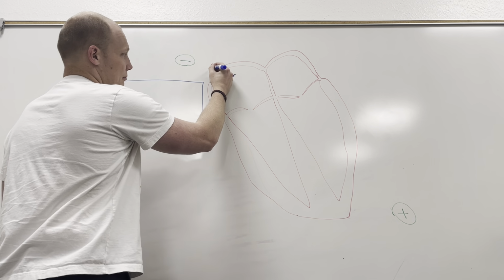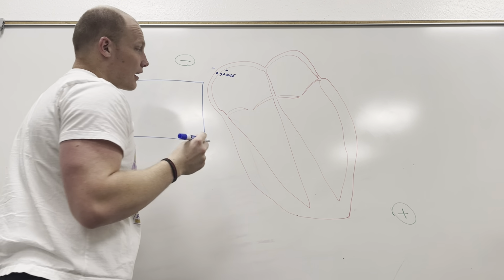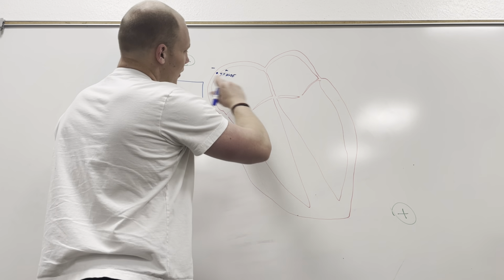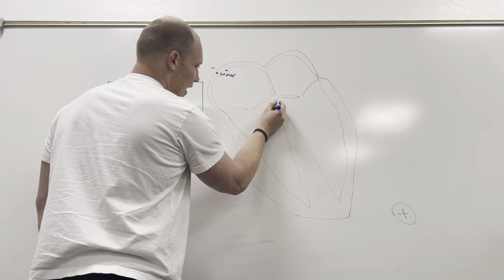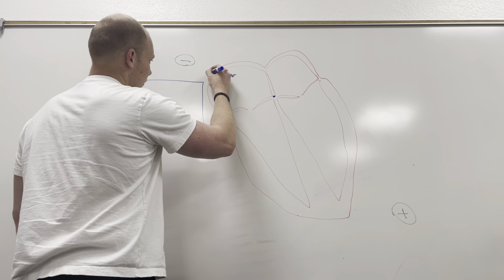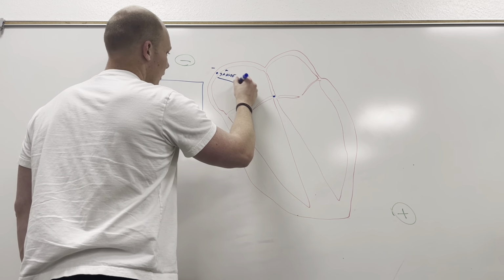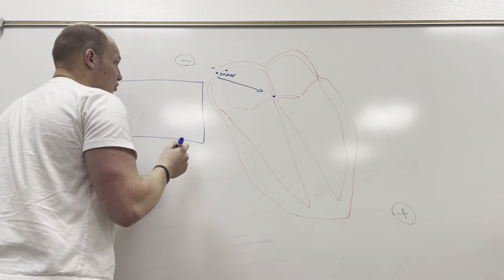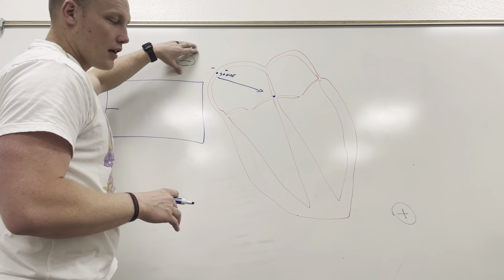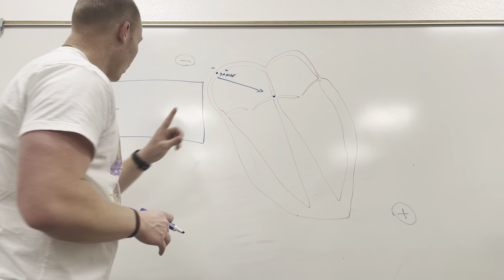So these cells become negative on the outside and positive on the inside. And it always starts here in the SA node and it travels through the atria towards the AV node here. So we have a negative vector, the negative tail, moving that direction. So the way EKGs work is if it's a negative lead and their vector is negative moving towards a positive, there will be an upward peak.